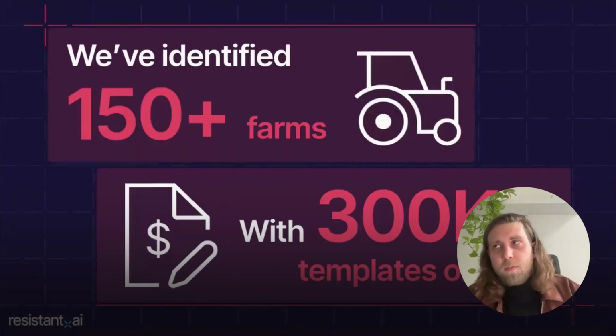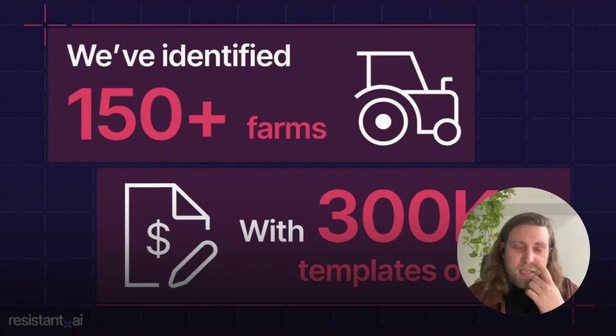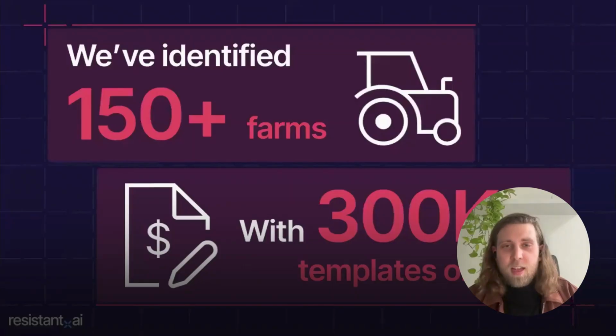Overall, over the course of around, I think, 8 to 10 months of doing this systematically, we've identified over 150 of these farms. And right now, that's strictly talking about the websites. And these 150 websites sell over 300,000 templates.